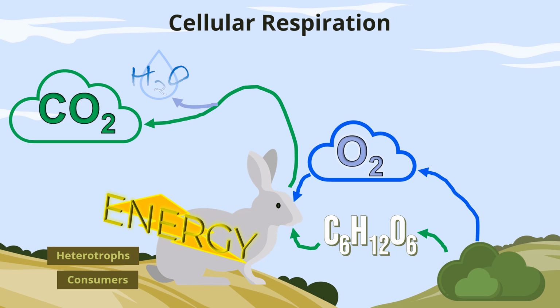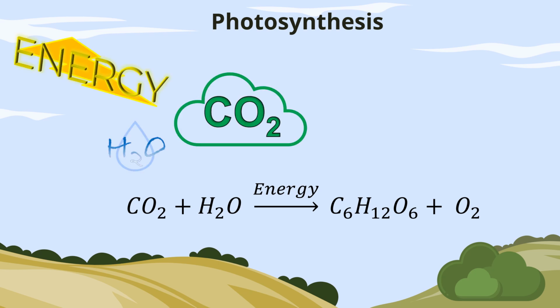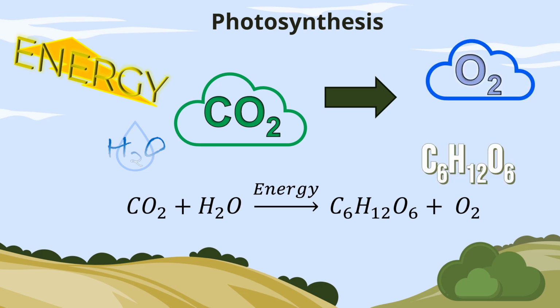So we're actually going to look at the chemical formulas for these. This is not something that you need to memorize, but just so you can get an idea. In photosynthesis, we're using carbon dioxide and water. We're using the energy from the sun in order to create glucose and oxygen.